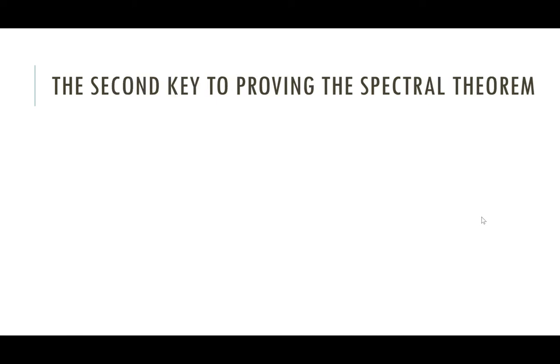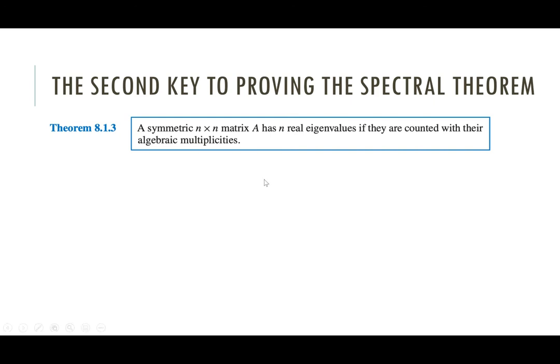All right, second step. We have theorem 8.1.3, which says a symmetric n by n matrix A has n real eigenvalues if they're counted with their algebraic multiplicities. So now we're saying the different eigenspaces are orthogonal, and that the matrix, counting algebraic multiplicities, has n real eigenvalues.